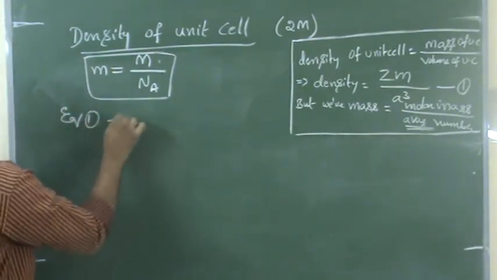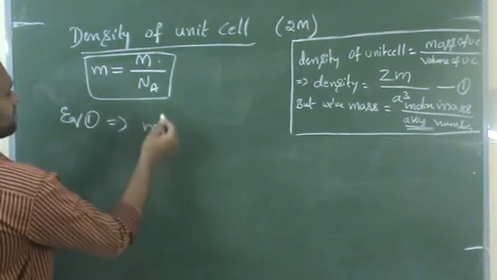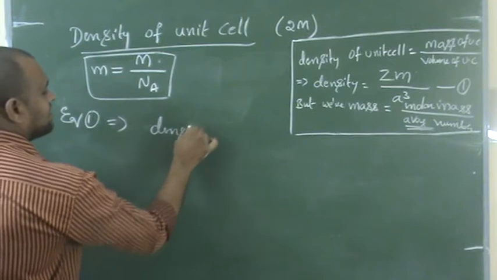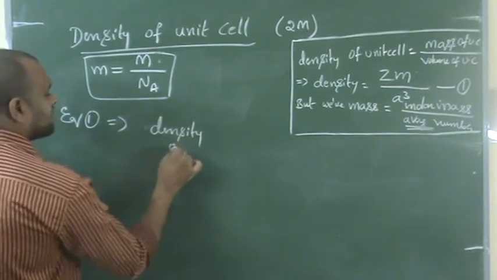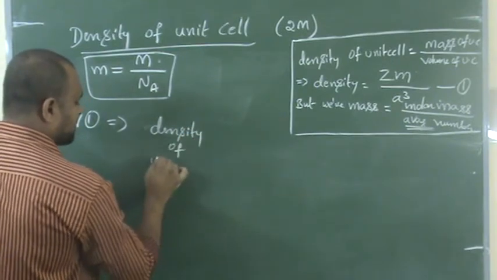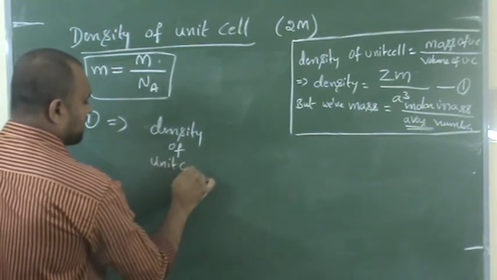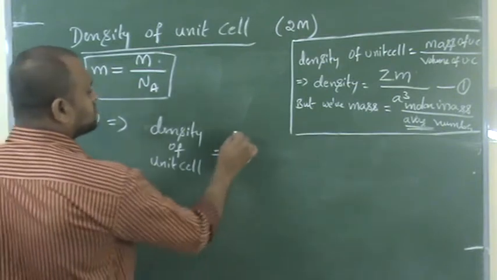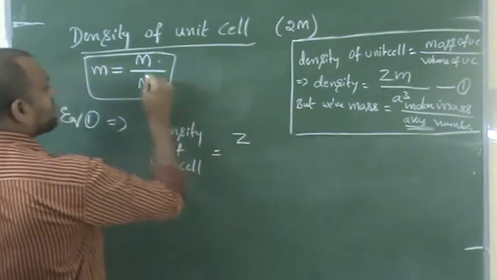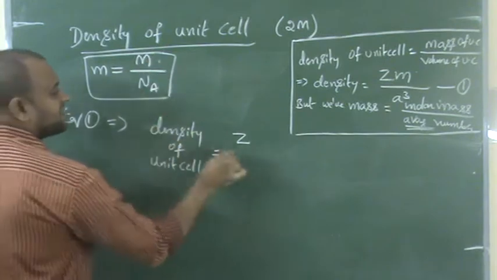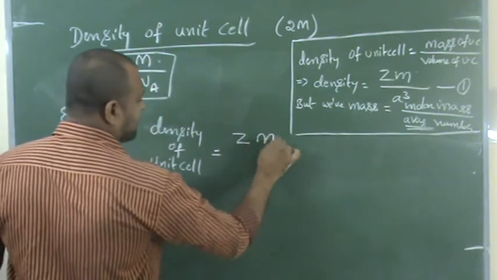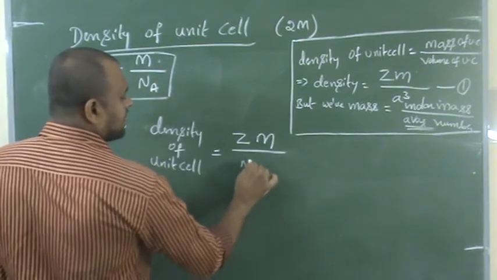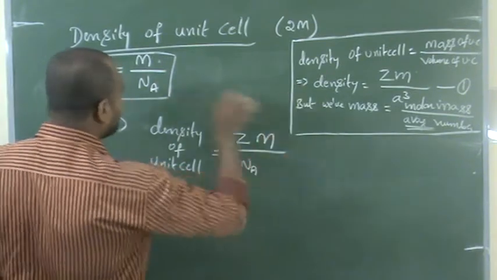Equation 1 implies the density of the unit cell is equal to Z. In place of small m, I will put M by Na, then I will get ZM by Na, so Na will come down.